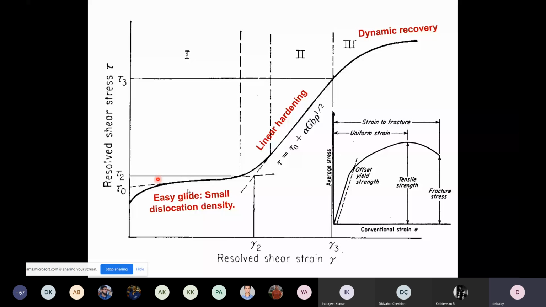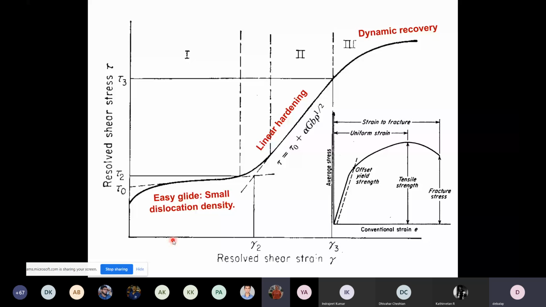When a single crystal is deforming, its stress strain curve. Single crystal deforms under shear stress and shear strain. We do not apply shear stress only in your specimen. We apply some kind of a stress, load, in some direction. But there has to be resolved shear stress on the slip plane along the slip direction in a single crystal. Then only shear strain will come.